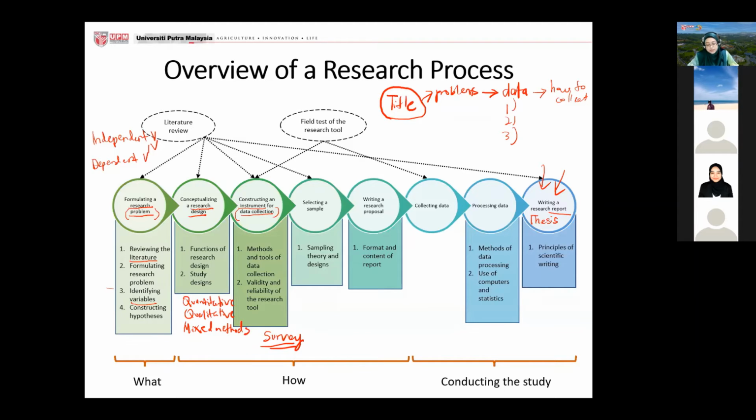So when I say that research design is quite a challenging topic for me, it's not saying that it's complicated. It's not that, because the possibilities are endless. You can actually do whatever you want.